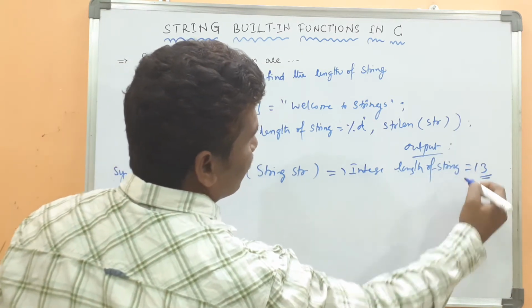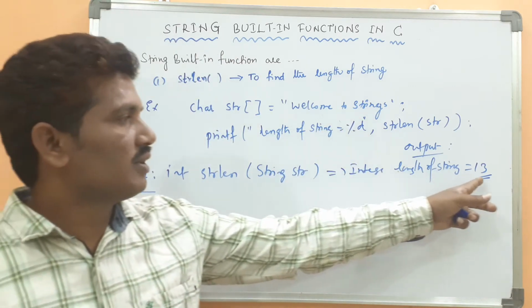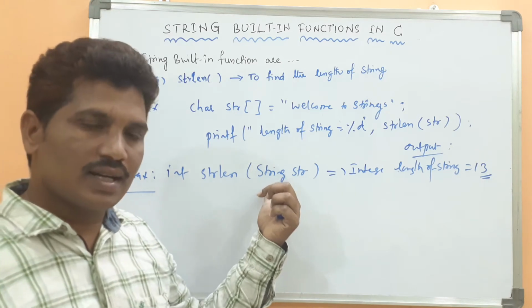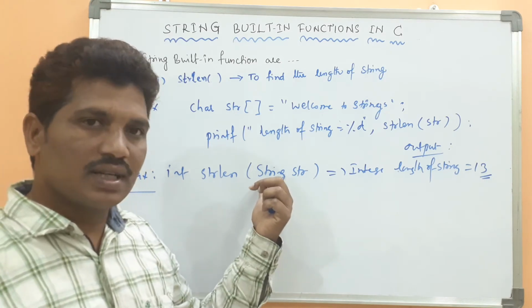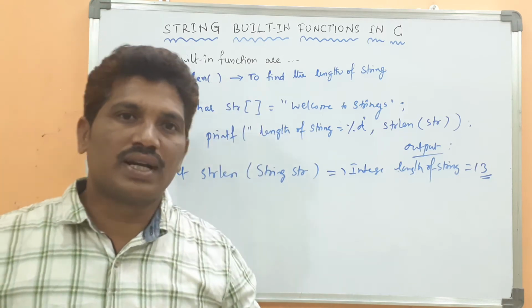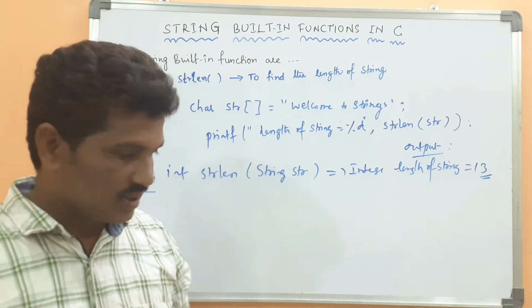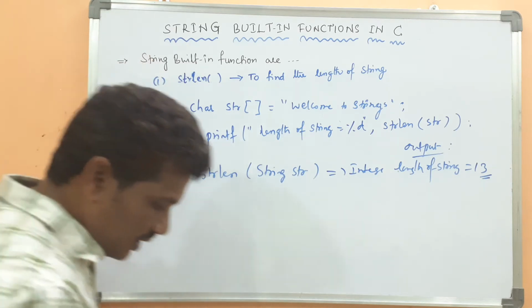Okay, 13. For example, if it is 13, that 13 will be displayed, because this function returns only an integer value. This is a simple example to find the length of a string by using the string length function.